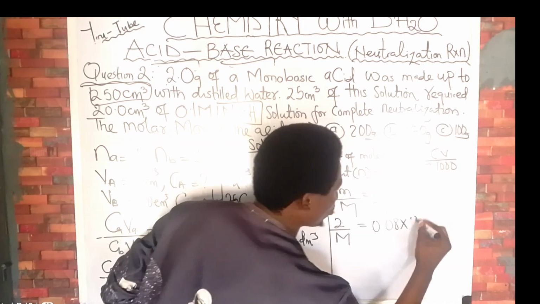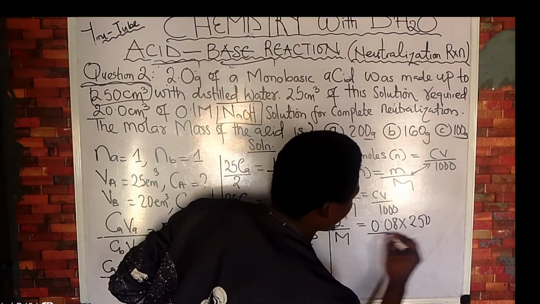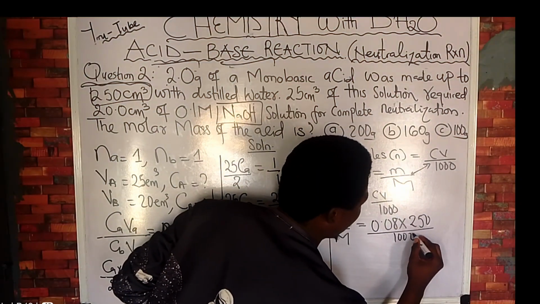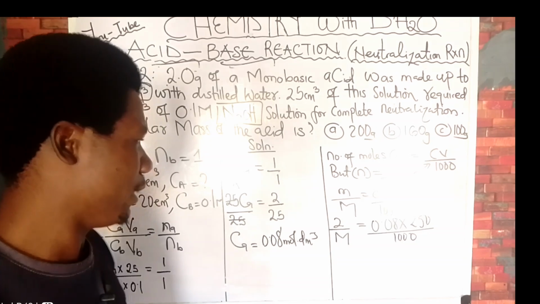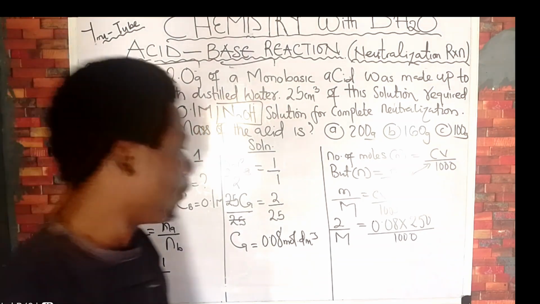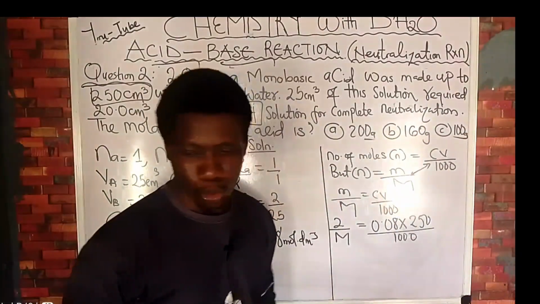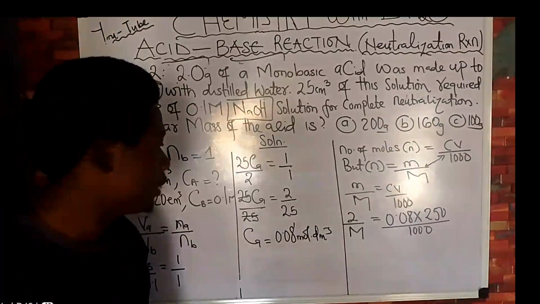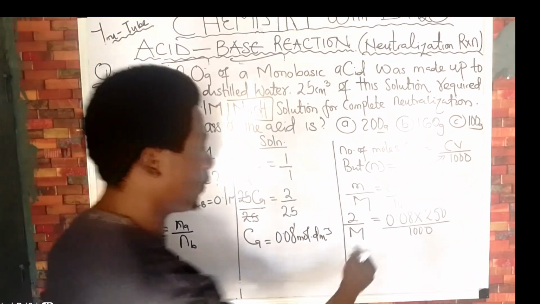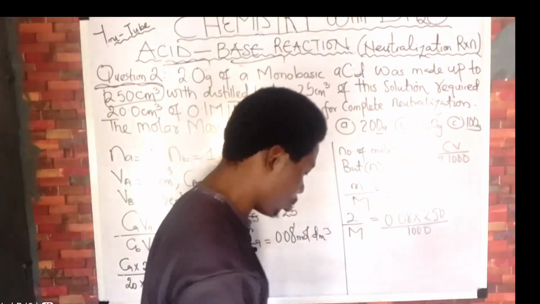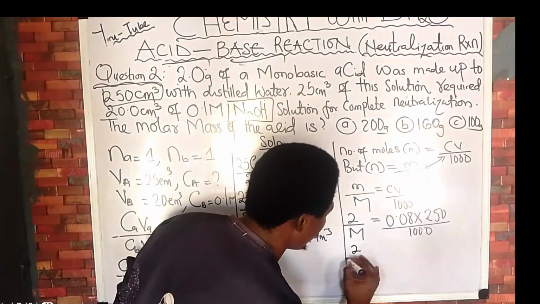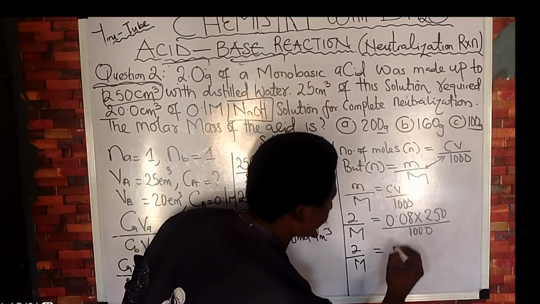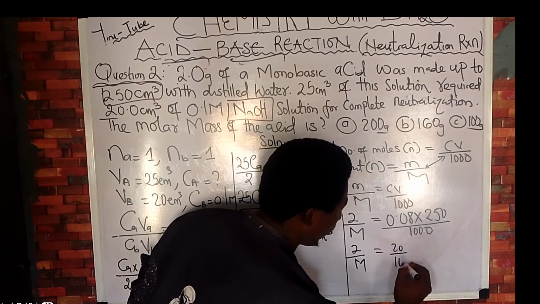So you have 250 over 1000. So what do we do? Very easy. We cross multiply. But before then, let's multiply 0.08 by 250, and you have 20. So that you have 2 over n is equal to 20 over 1000.